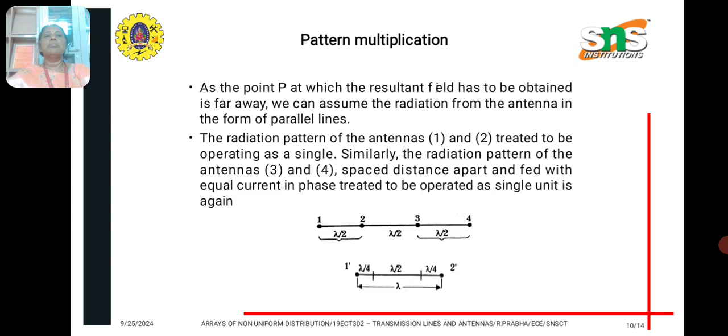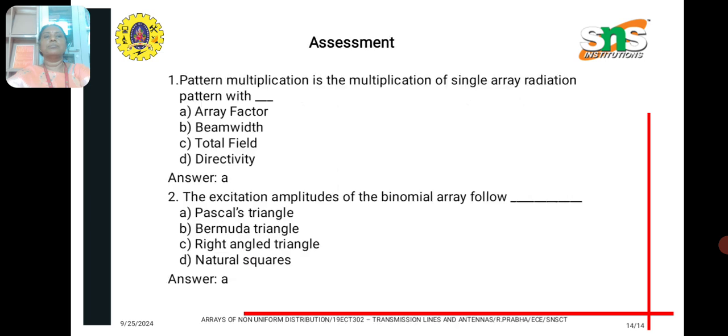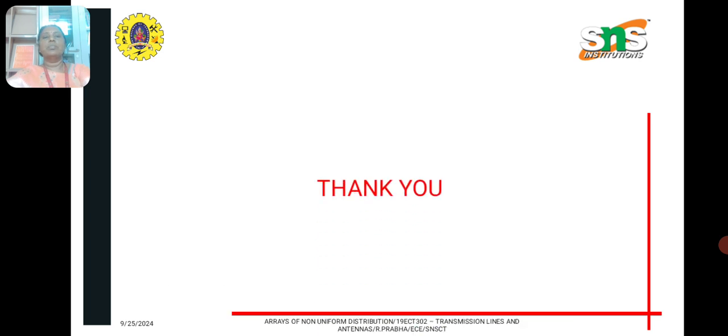Similarly, for 8 element antennas also, we can calculate the radiation pattern. Pattern multiplication is the multiplication of the single element radiation pattern with the array factor, and the excitation amplitudes of the binomial array follow Pascal's triangle. Thank you.